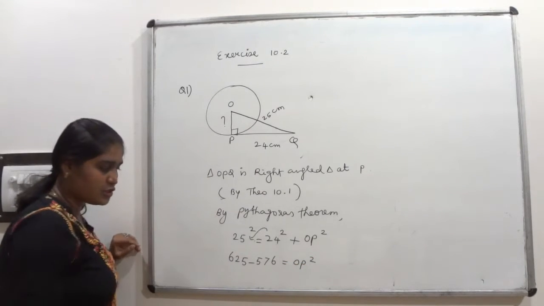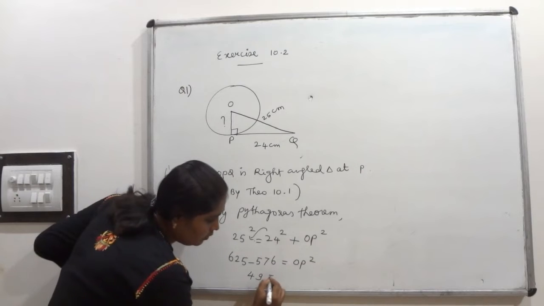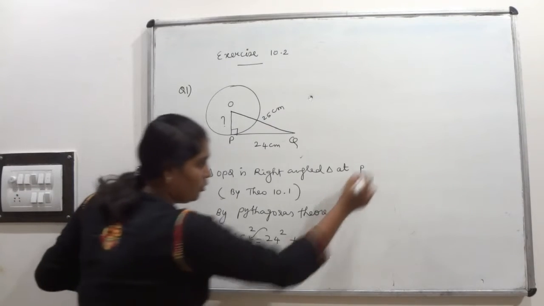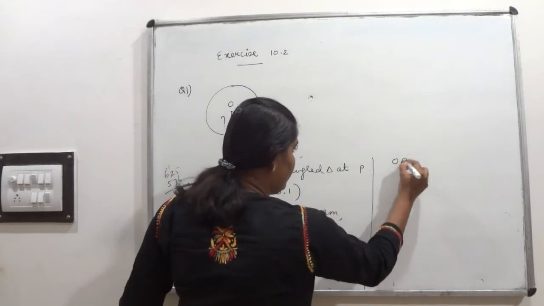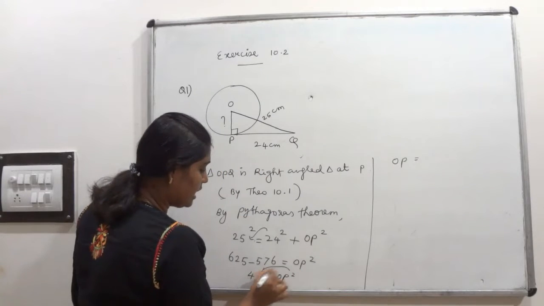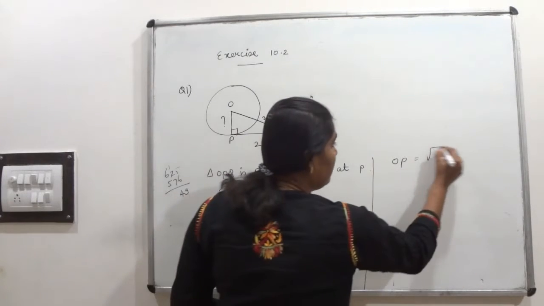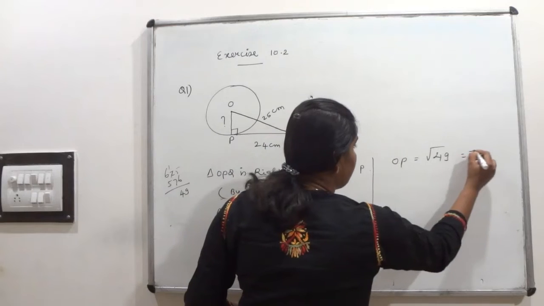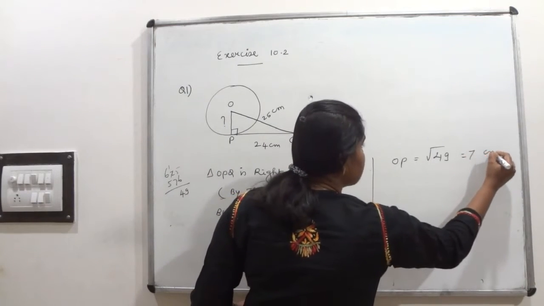So subtract these two, 49 equal to OP square. So OP equal to, the square comes inside, under root of 49, that is 7. So OP value will be 7 centimeter.